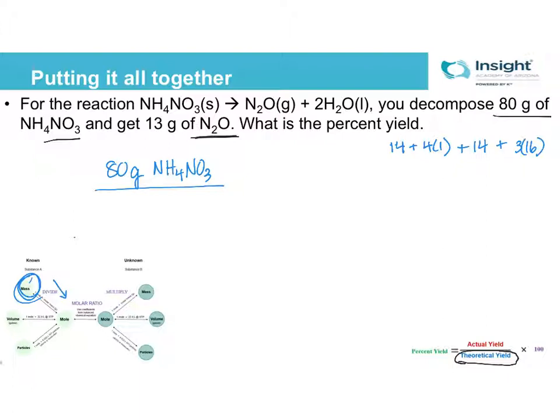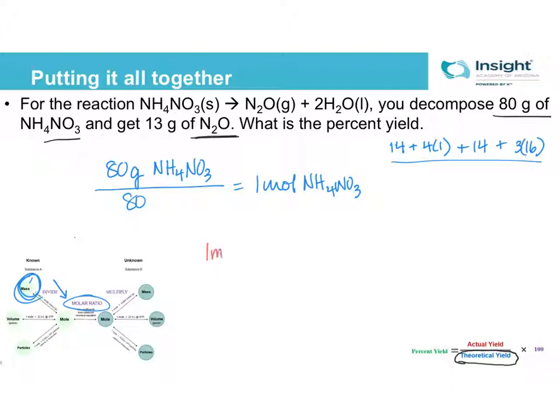Oh, that makes it easy. Our molar mass here is 80, which means we have 1 mole of our NH4NO3.